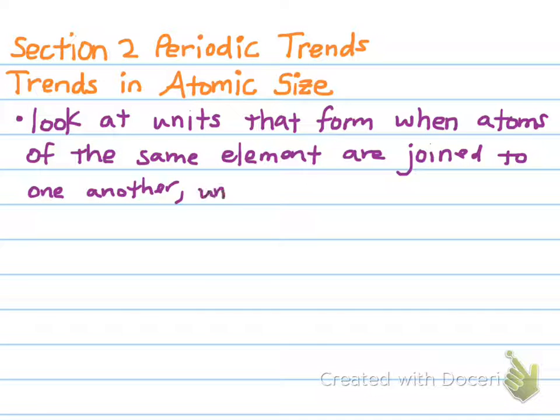These units are called molecules. So what we're talking about is having an atom of fluorine bonded to another atom of fluorine. That's how scientists have been able to study the size of these atoms.